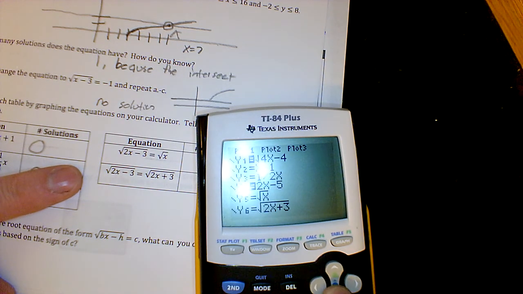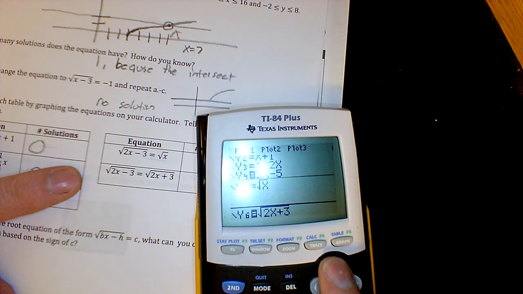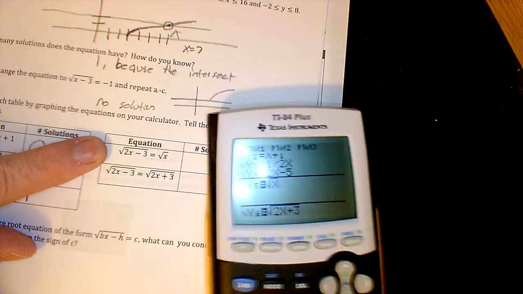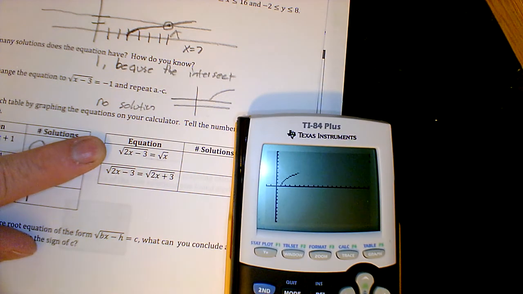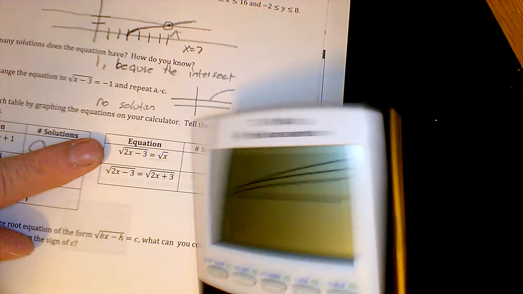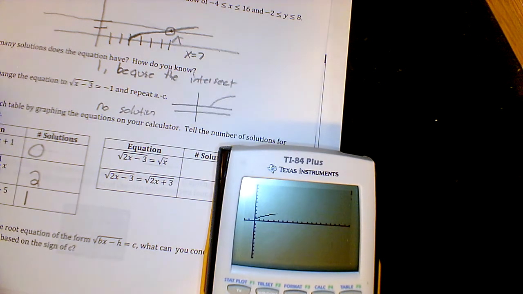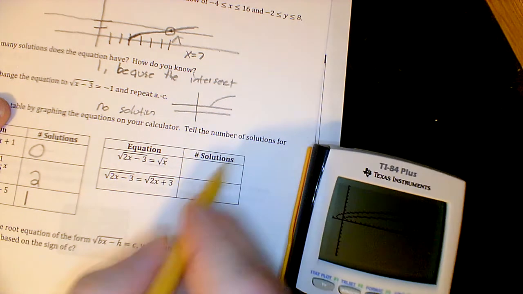No, but oh, there it is, right down there. So we'll turn this one on, turn this one off, and I think that's what we need to graph, those two. Let's graph that and see what happens. That's probably the 2x minus, and there's square root of x. It looks like they cross once. All right. And, oh, I left one on there. Hold on! All right. And there's no solutions.